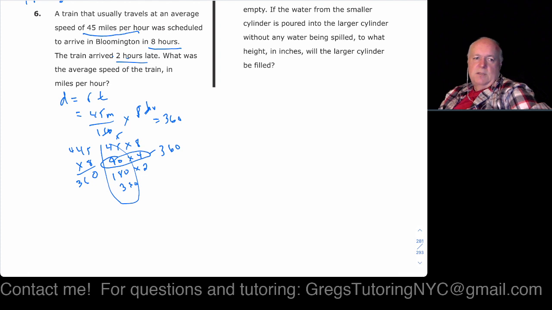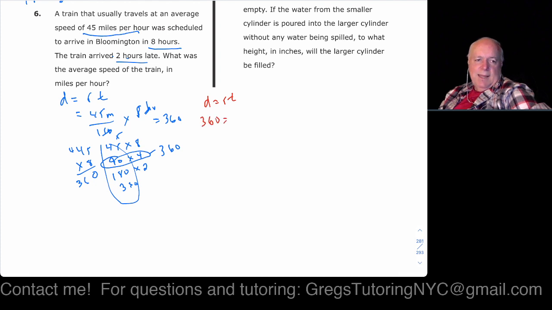Okay, so it says the train arrived 2 hours late. So if we reapply D equals RT, let me change the color of that to show that we're doing a step 2 here now. If we do D equals RT again, we now know the distance is 360. The rate is what we're looking for.